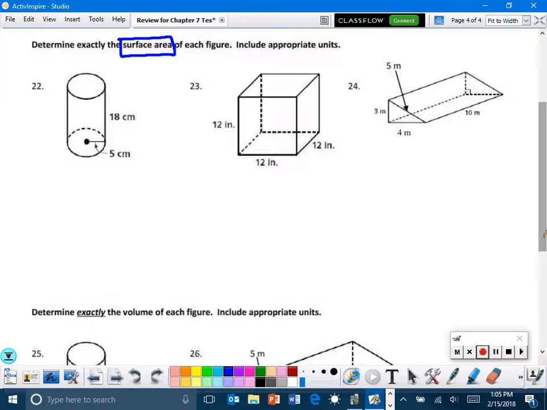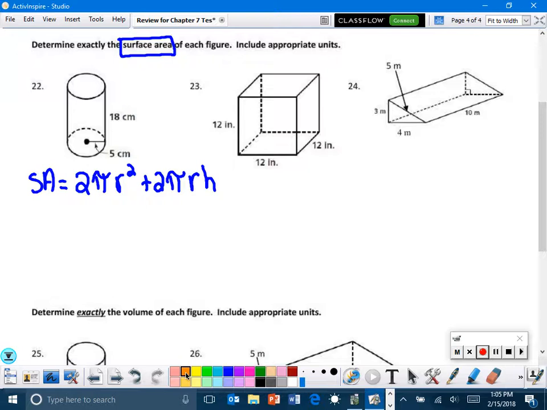The surface area for a cylinder is 2 times pi times the radius squared plus 2 times pi times the radius times the height. Okay, that's surface area. So 5 is the radius and 18 is the height.